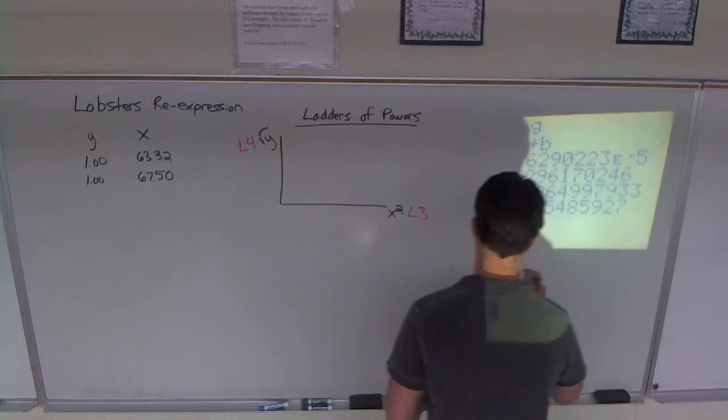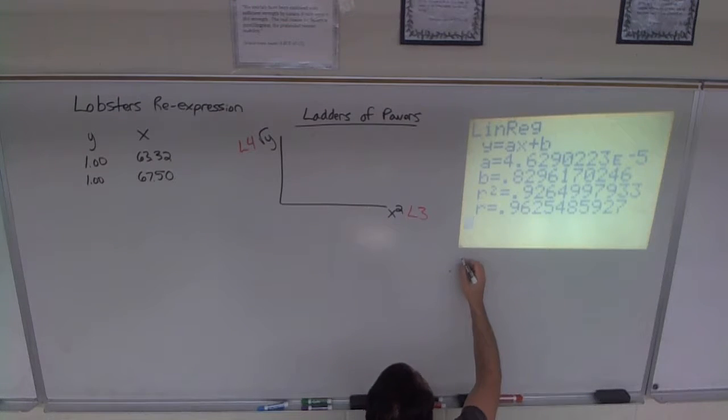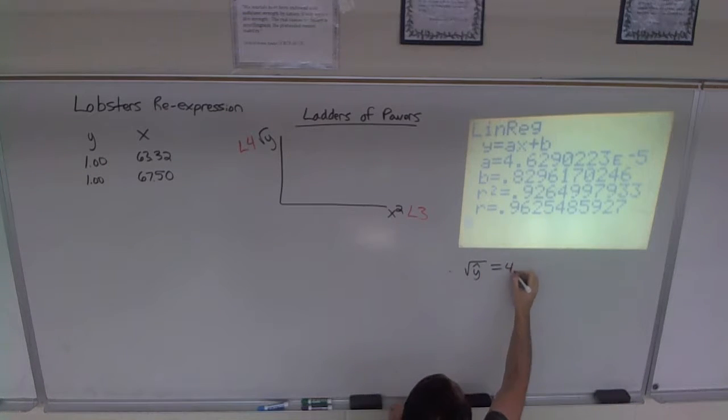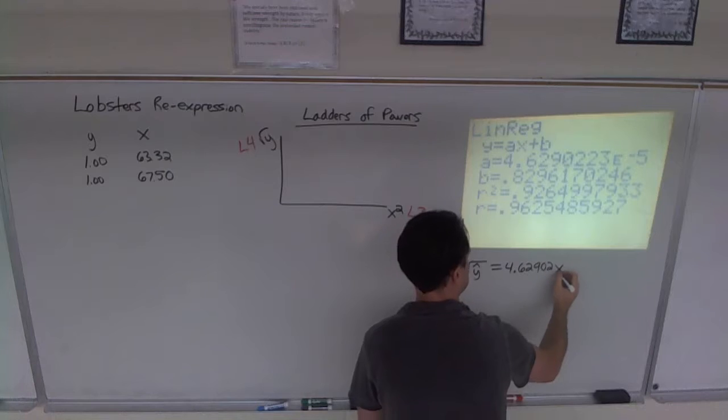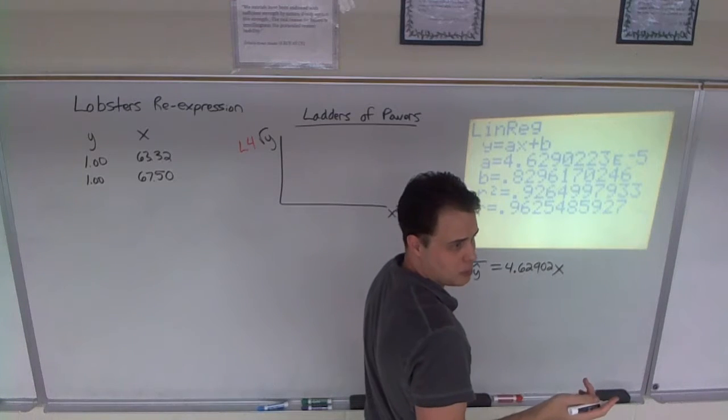So let's write that down. What is the response variable? I'm going to write it down in symbols this time. I'm going to say the square root of y hat equals slope. I'm going to carry this out quite a ways. And not x, but what do we do?